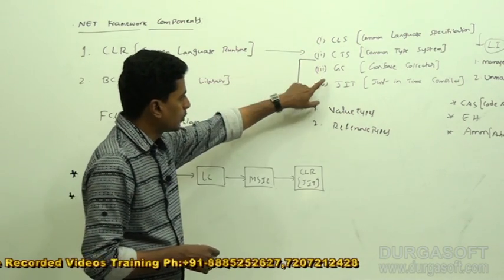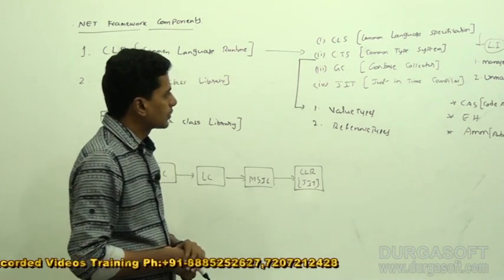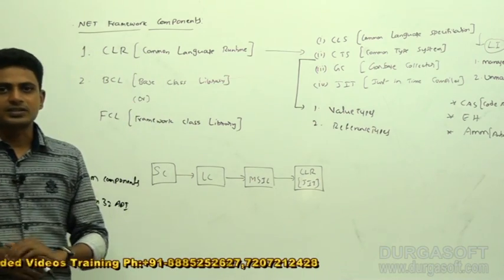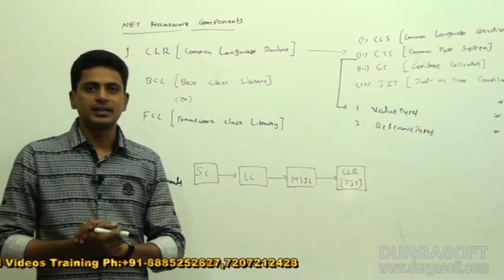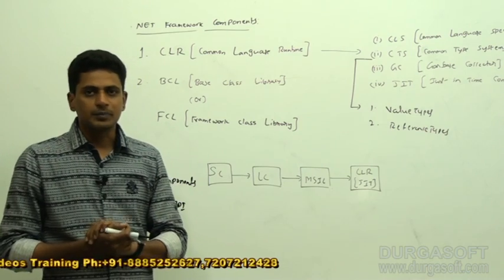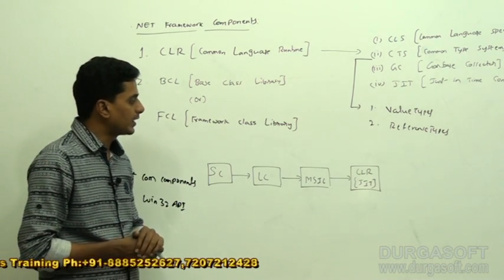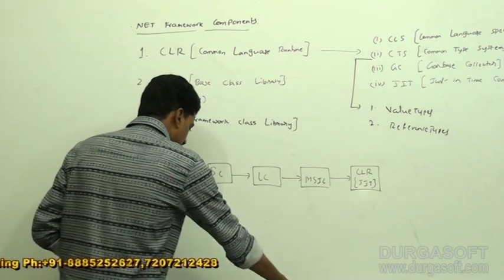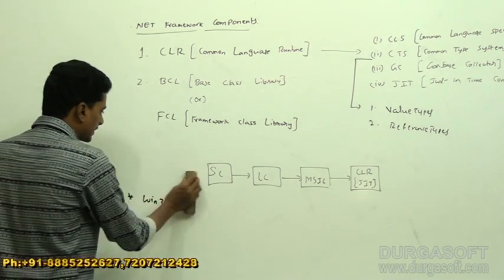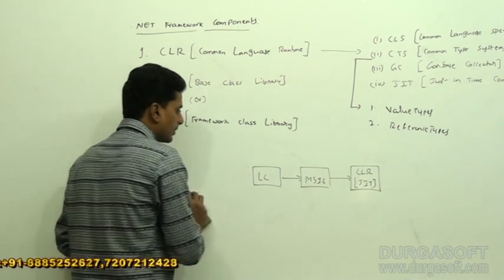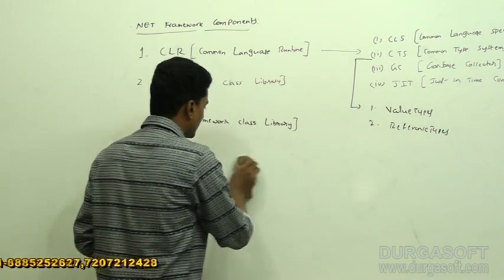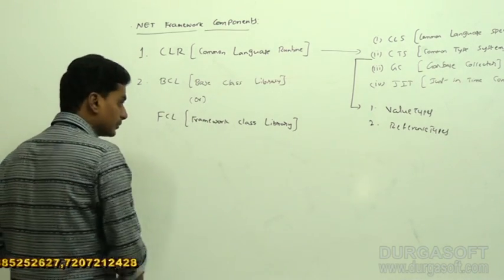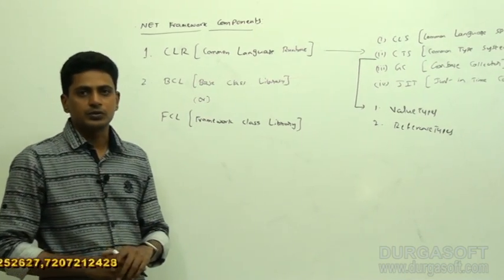It is an important topic, the garbage collector. The garbage collector is used to provide automatic memory management. If there were no garbage collector, then as a programmer we would need to write memory management code also, which may increase the burden on the programmer.